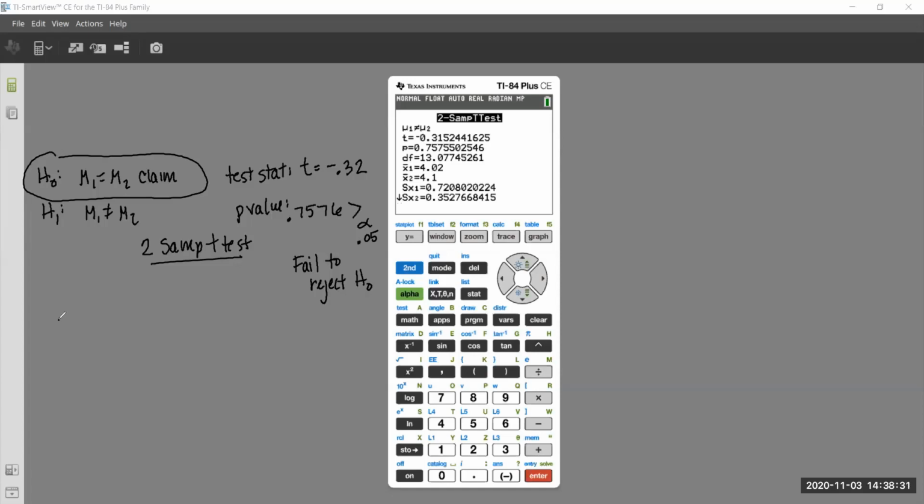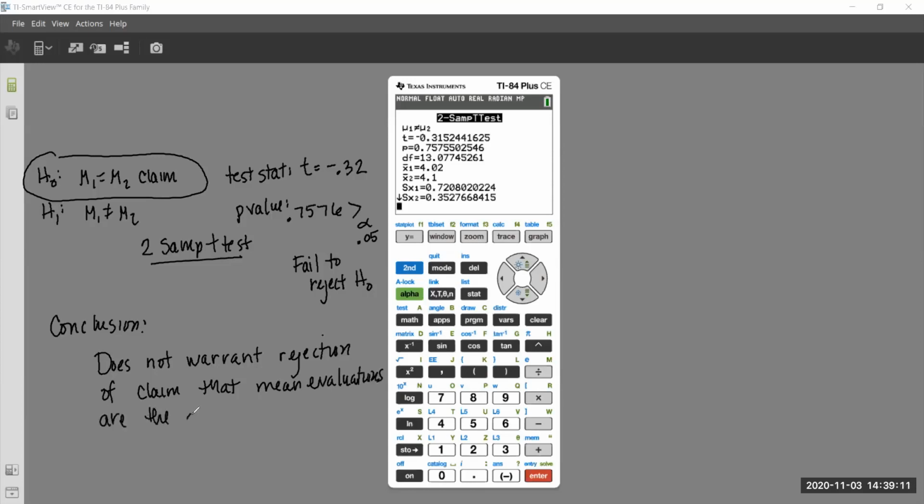Okay, our conclusion: does the original claim have an equals? Yes. Fail to reject, so we would say does not warrant rejection of claim that mean evaluations are the same.